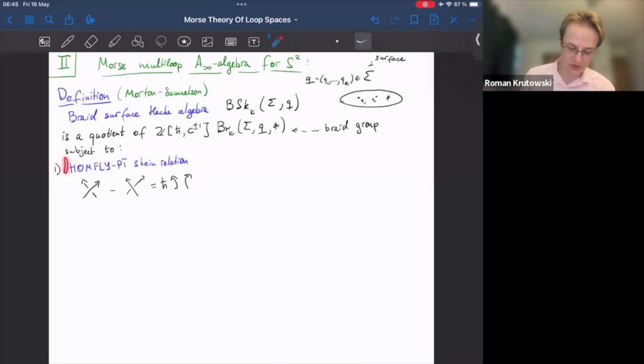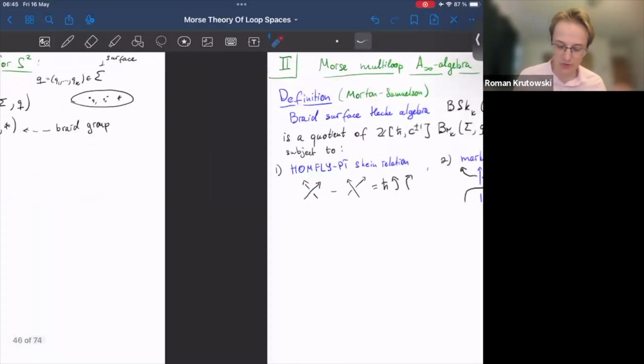So first you introduce this HOMFLY-PT skein relation, which should remind you of what we were doing previously, when you flow from this position to this position, you introduce this kind of resolution there. So this is maybe motivation for what we were doing previously.